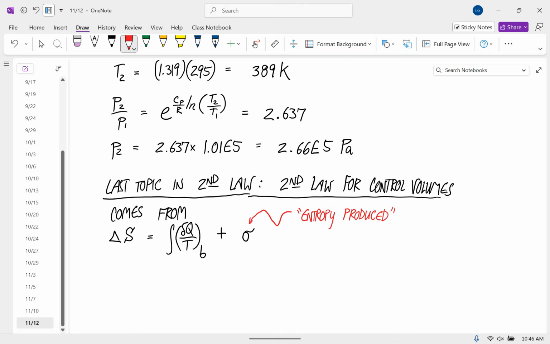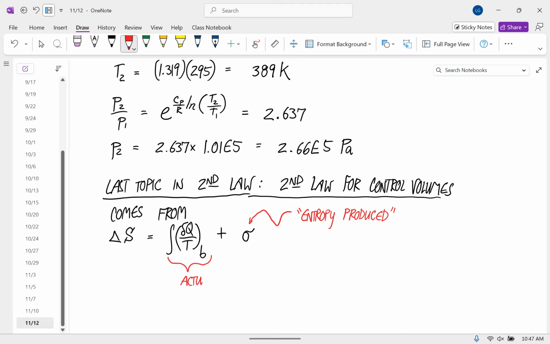And this integral, is that for an actual process or an ideal process? Well, think first of the definition of entropy. The definition of entropy is this integral for an ideal process. Okay? So if this was an ideal process, that sigma would be 0. There would be 0 entropy produced by that process.